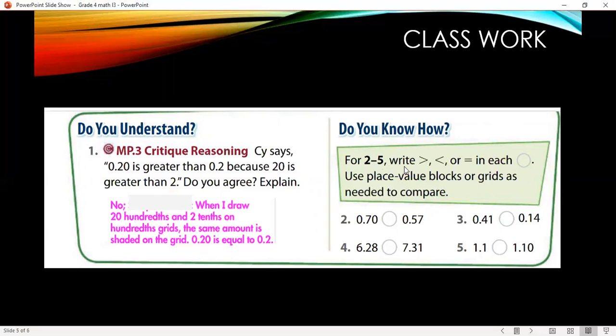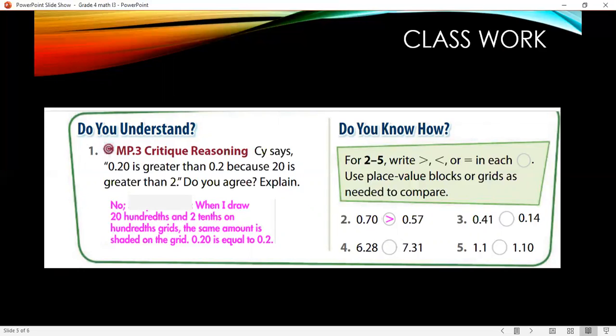Now, write bigger than, smaller than, or equal in each of these blocks. Use place value blocks or grids as needed to compare. When I look at number 2, I can see that the place value 7 is bigger than the number 5, which means that 0.7 is greater than 0.57.